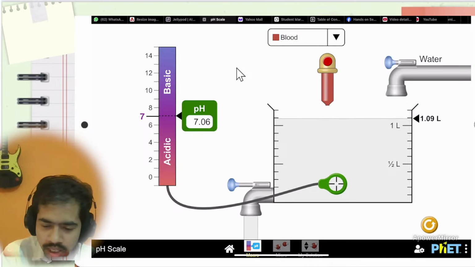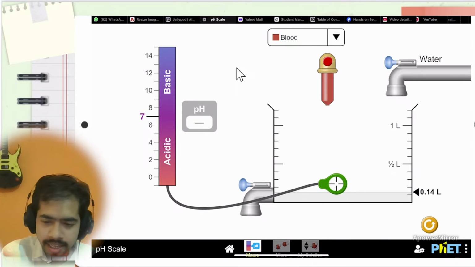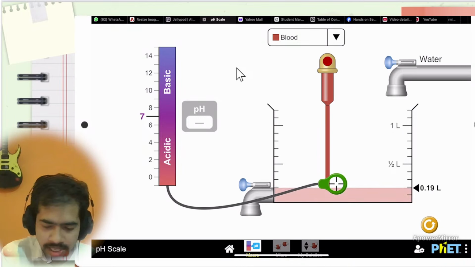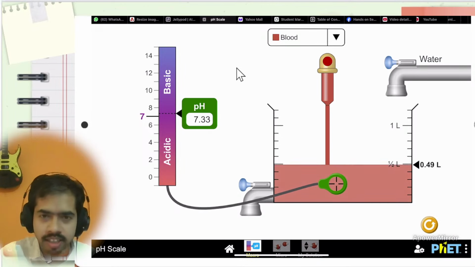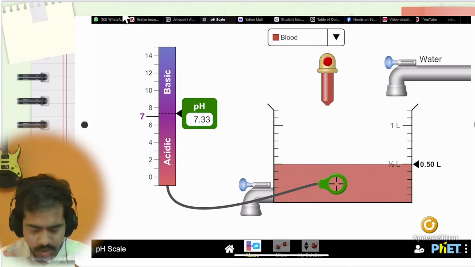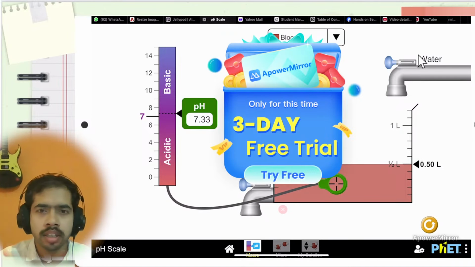But we have to release and make it empty. Then we can add blood. So you can see I am adding blood again. Again the pH is increasing. Yeah, so in this way we can do. So this is one very sweet example.